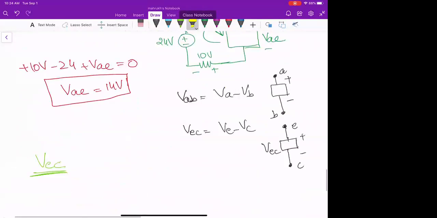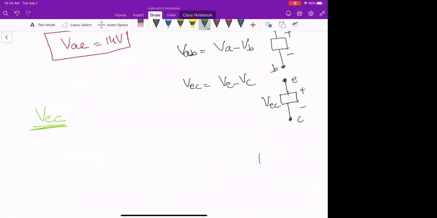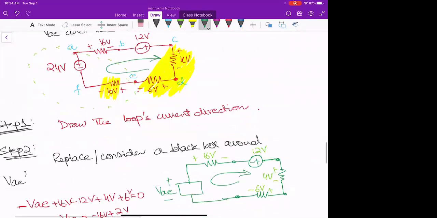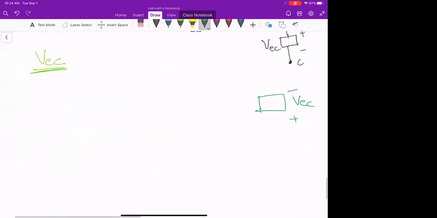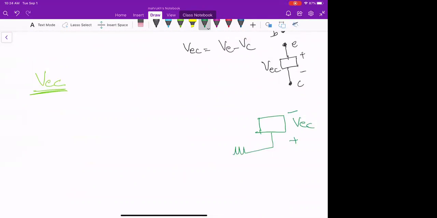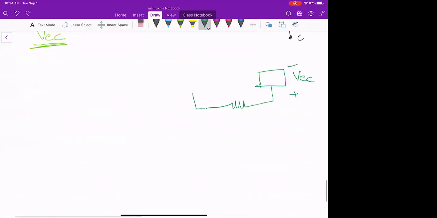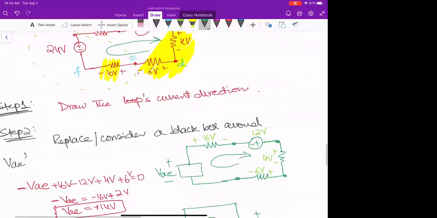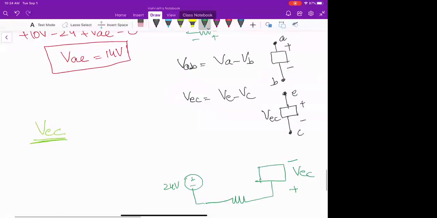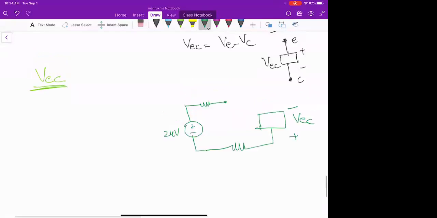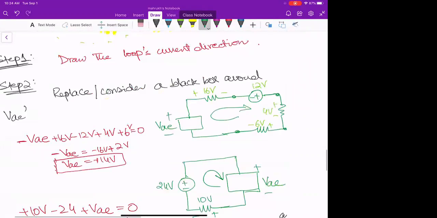Okay, so let's do that. So it should be this because E was down. Okay, so this is 10 volts, minus 24 volts, 16 volts, there was another resistor, okay, minus 12 volts.